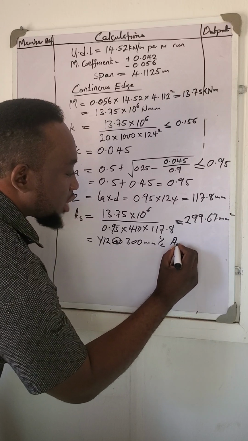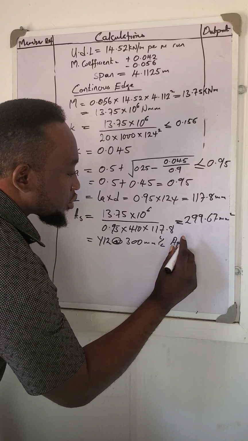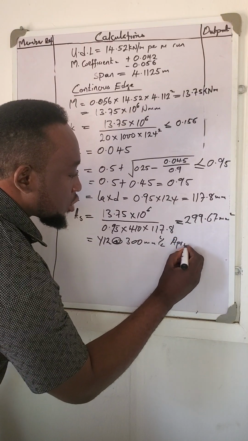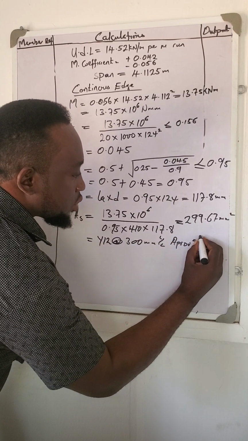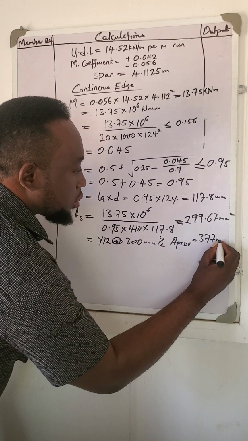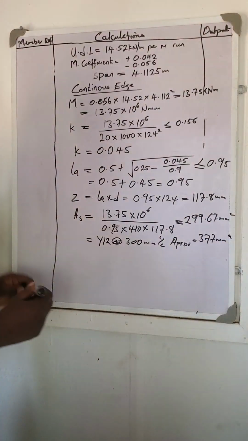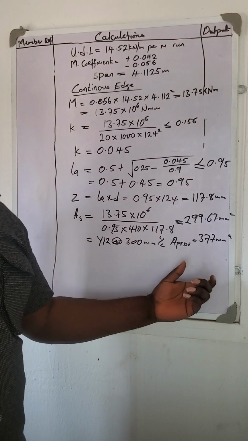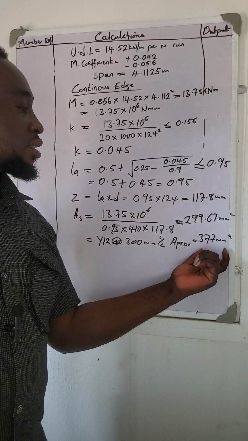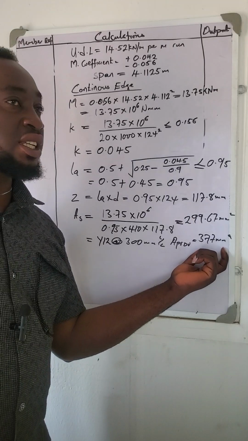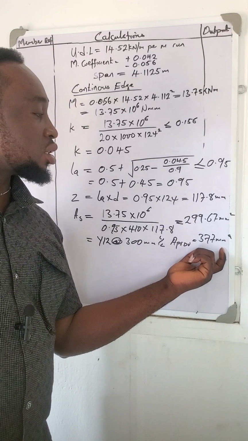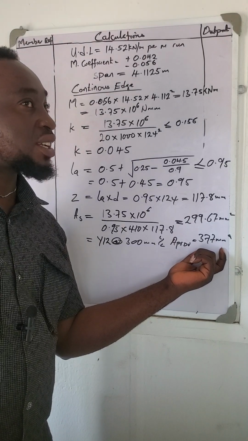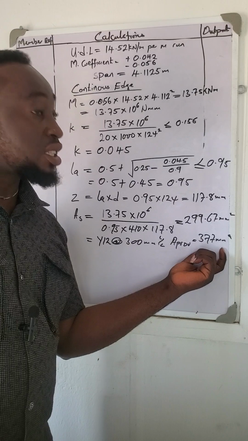The As would have been 377 millimeter square. But again, recall that in one of the classes I said the steel they produce in this country is not up to this standard size of steel.